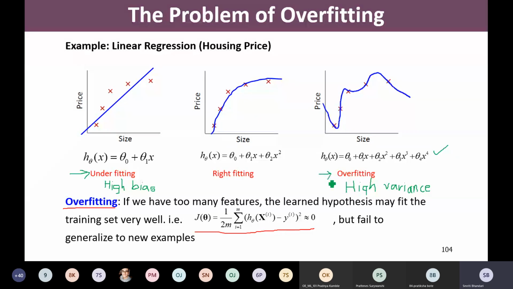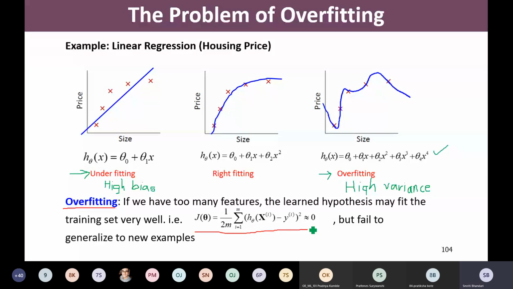Also, this happens when we have high variance. I just mentioned what we mean by variance. If we train the model with our training data set, and for the training data set we have very low error, approximately 0, but if we change our data set and use the same model and experience a very high error, then this is known as variance.